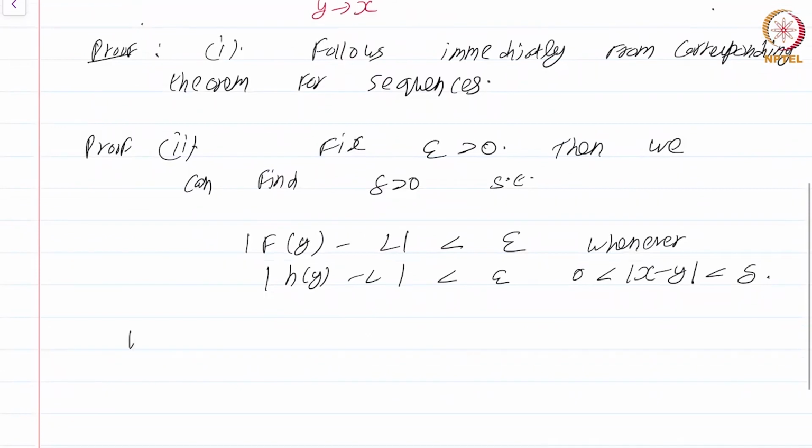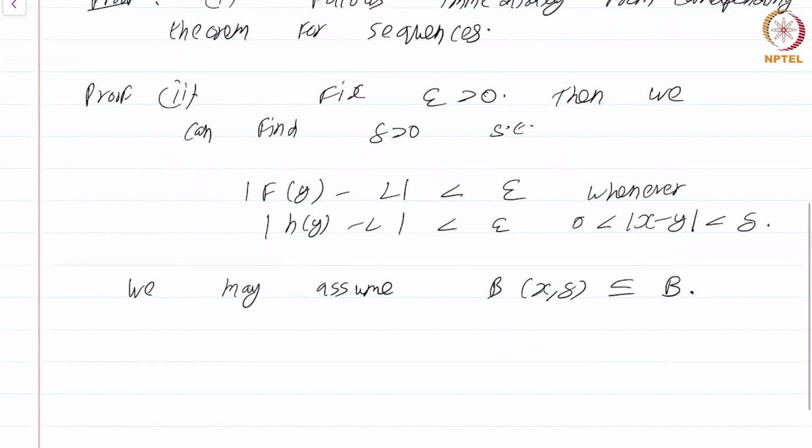Okay. Now, we may assume B(x, delta) is contained in B. Why can we assume this? If not, just make delta even smaller in order to make B(x, delta) contained in B. This can be done. Then we know that f of x is less than or equal to g of x is less than or equal to h of x.